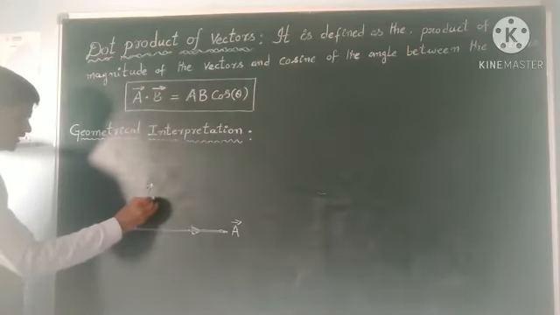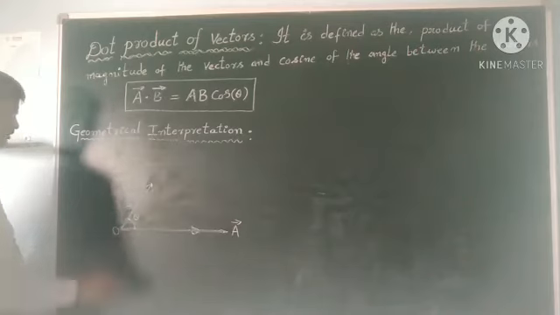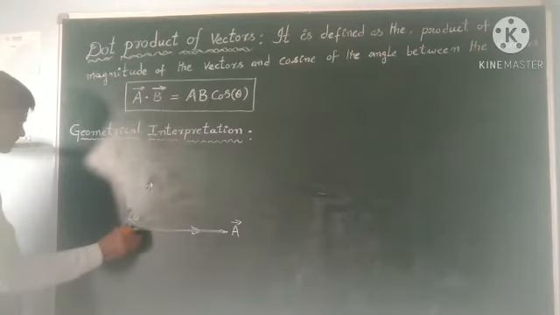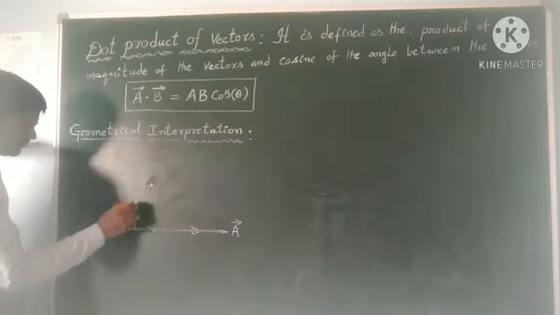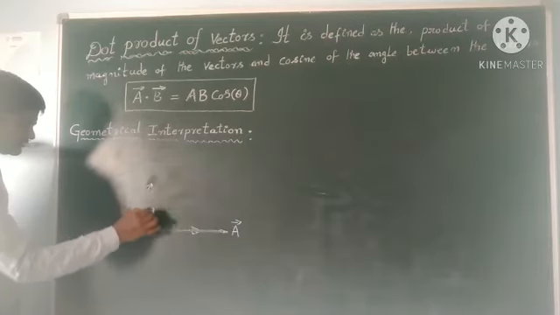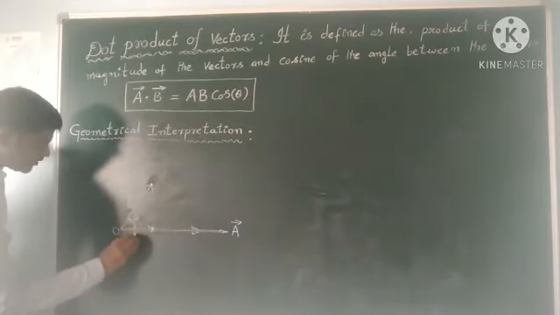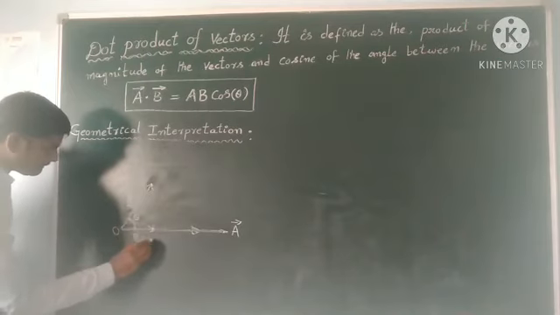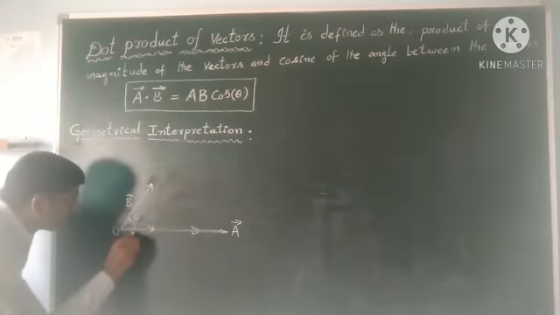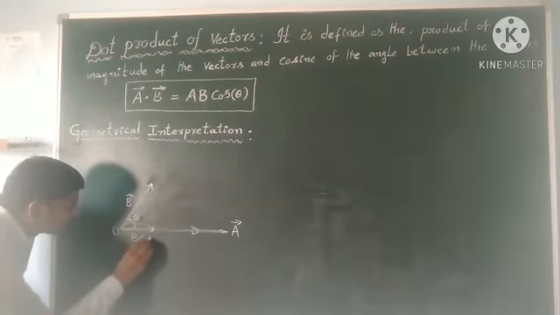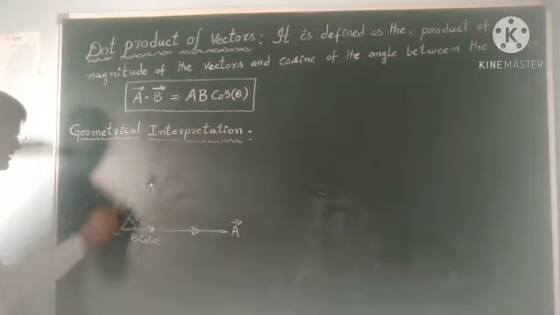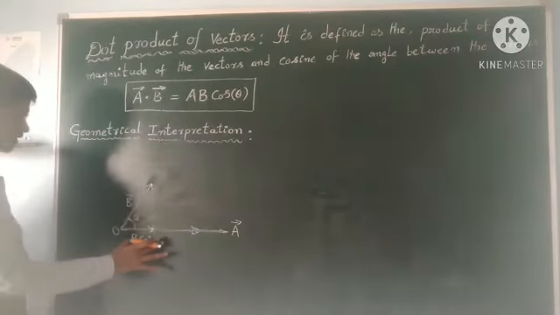Because it is lying in the plane, it will have two components. So this value I can write as B cos theta. This side I can write B sin theta.